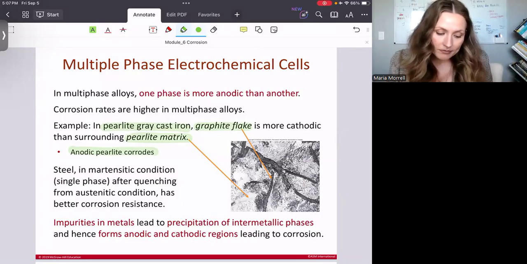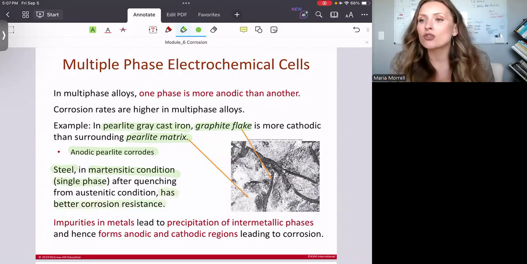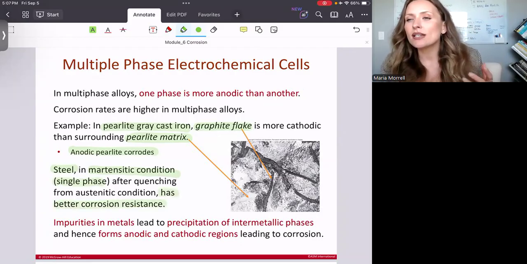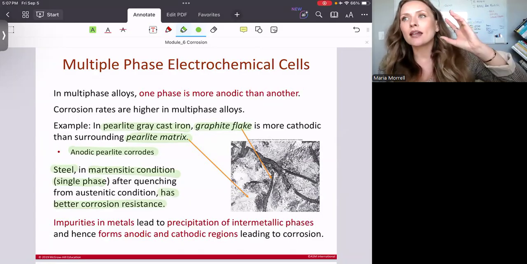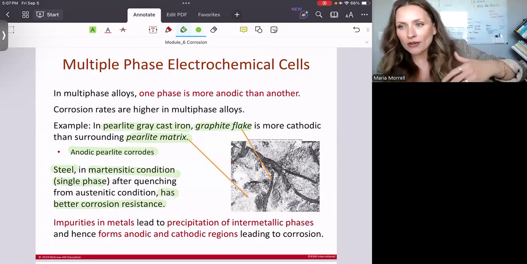So this is why steel, and specifically in martensitic condition, which is basically, think of it as a single phase, has better corrosion resistance. And so usually as an engineer, you just have to be aware of all of these things that, okay, yes, I can increase the strength by introducing dopants, right?